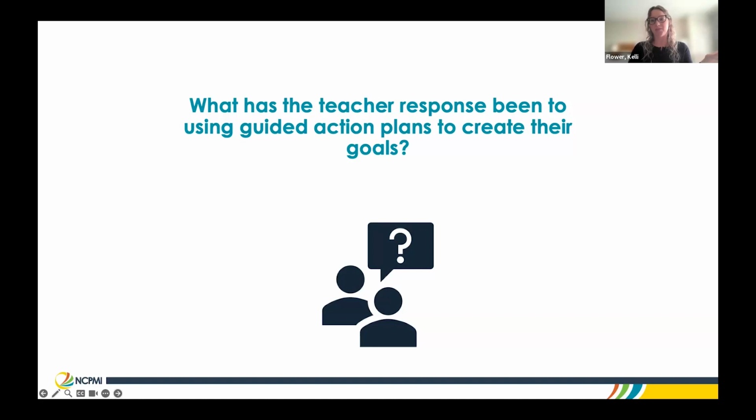They can find the guided action plan that fits that, and then they can write one on their own. And I even have teachers that I coached 5 years ago who will say, hey, do you still have my old action plan? I can't find it. And I'll send it to them and they can go in and tweak it for their current class.